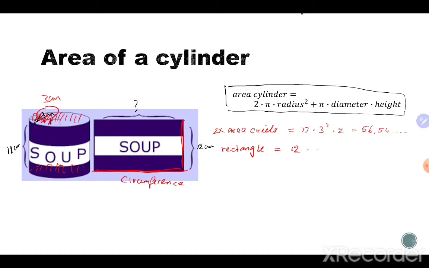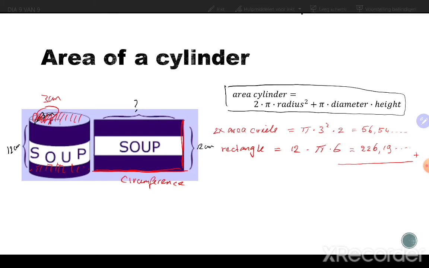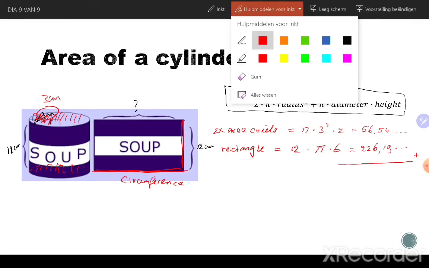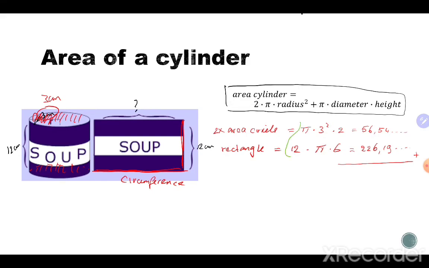So pi times the diameter, and because the radius was 3, the diameter was 6. So 12 times pi times 6 is 226.19, etc. And we need to add those two answers. You can also add, of course, my calculations. Those two.